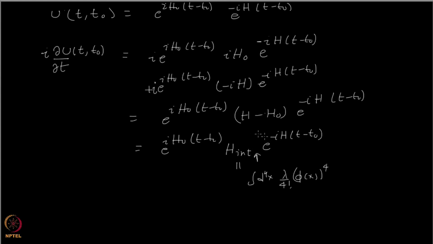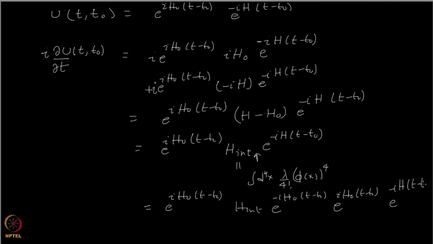So that's the factor I am going to insert in here, and I get the following: H interaction, the interacting part of the Hamiltonian, and you have e to the minus iH naught (t minus t naught), e to the iH naught (t minus t naught). So that's identity. I have done nothing, that's multiplying by 1, and you have then e to the minus iH (t minus t naught).